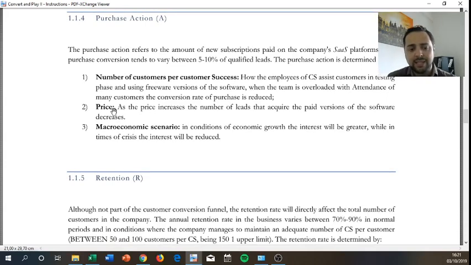So you have the price. If you increase the price, the conversion will be smaller. If you have a lower price, the conversion will be higher in the last stage of purchase intention, purchase action. And also the macroeconomic scenario will affect your conversion in this stage.